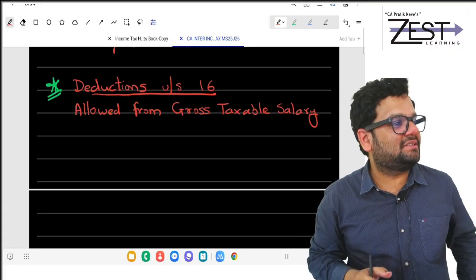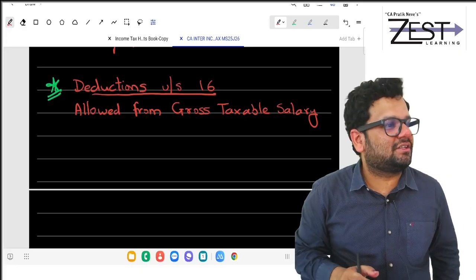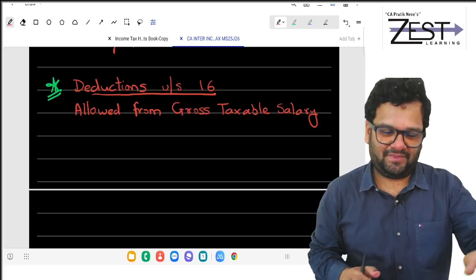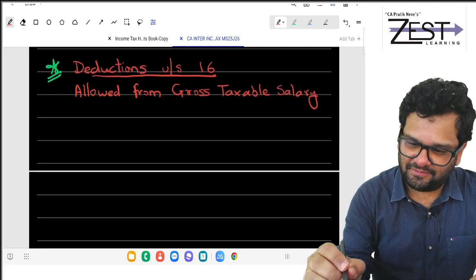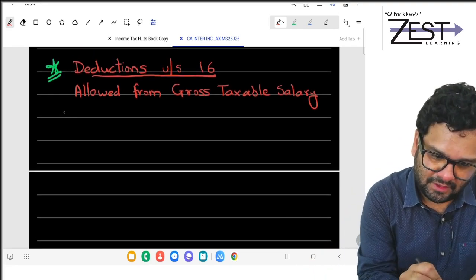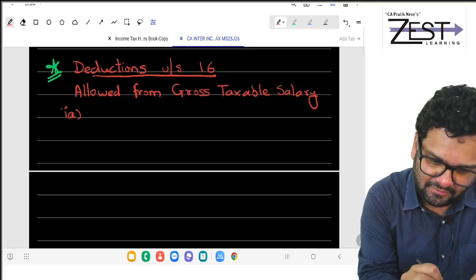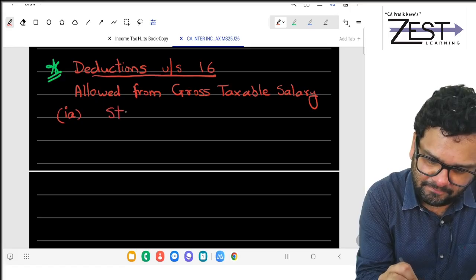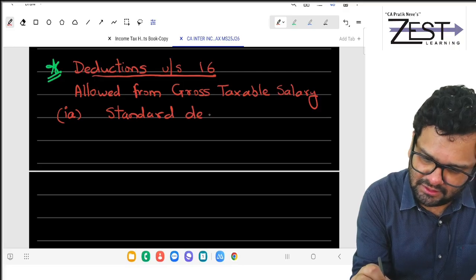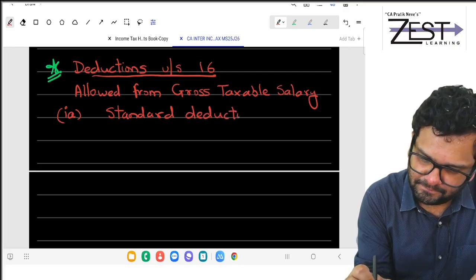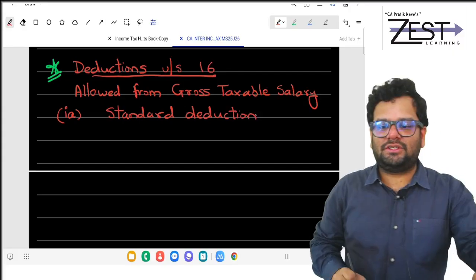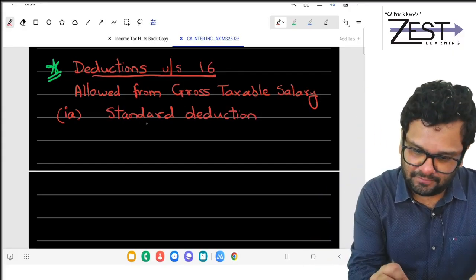From gross taxable salary, you are getting deduction of section 16. What are these? First, you know, first is actually 1A. 1A is standard deduction. How much standard deduction is allowed?